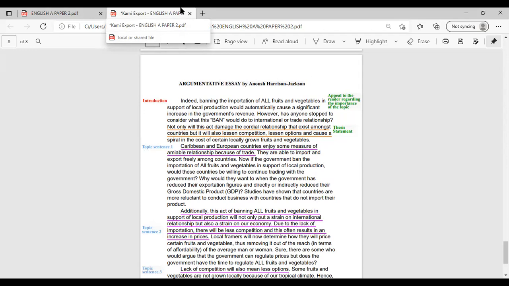So we see that the person decided to take front in terms of the other side, right? Because they said banning the importation of all fruits and vegetables in support of local production would automatically cause a significant increase in government revenue.